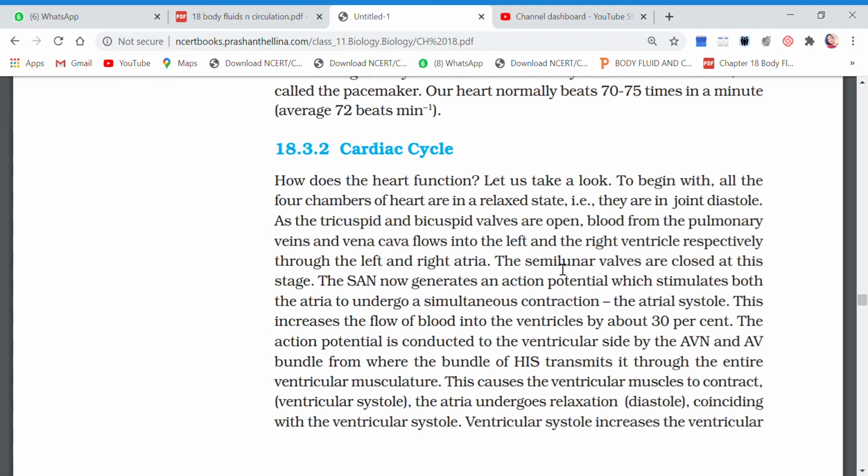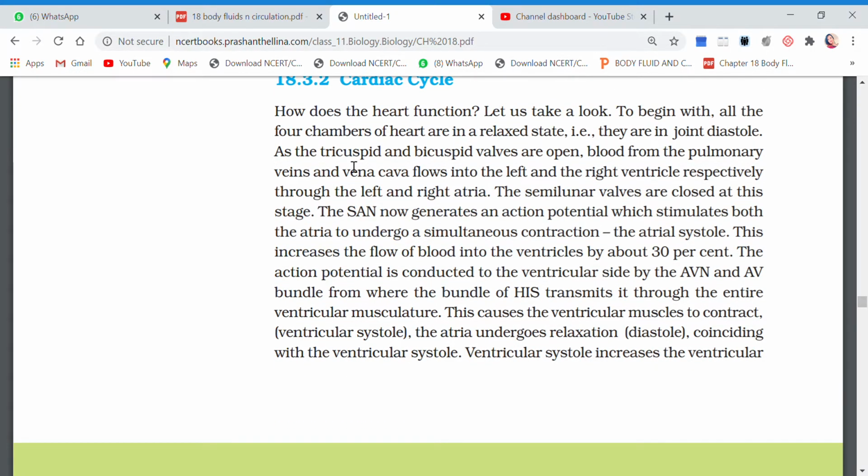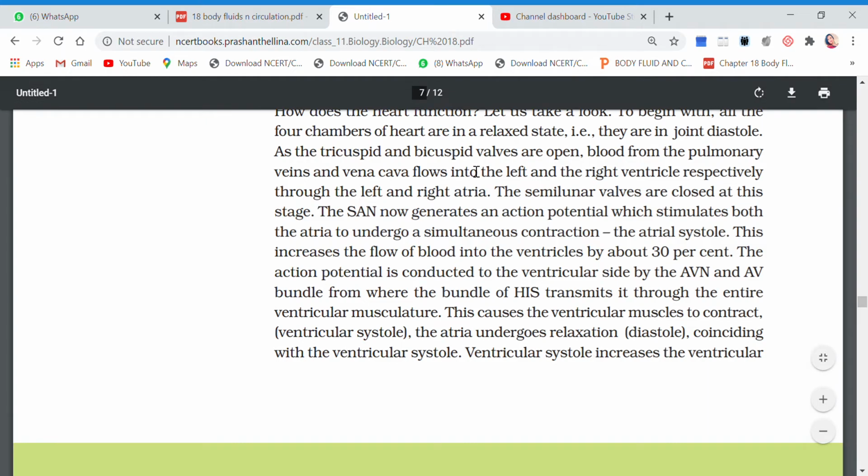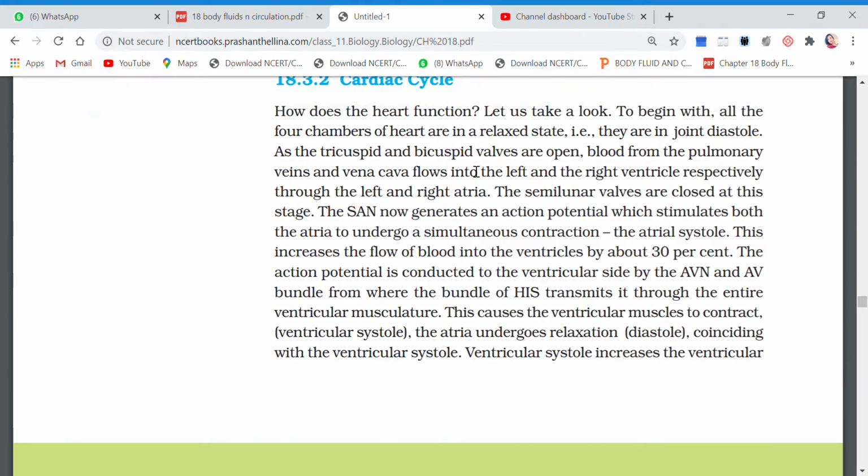In this situation, blood from the respective branches of vena cava and pulmonary veins will first fill their respective auricles, and then move on to their respective ventricles through tricuspid and bicuspid valves. This is the situation. I hope I am clear. At this point, the heart is still in the relaxed state.